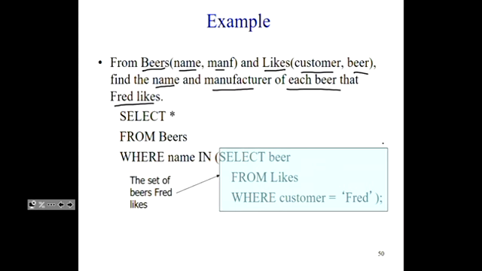Looking for a high-level explanation as opposed to the details. So I have two relations, one corresponding to name and manufacturer, and the other corresponding to customer and beer. A customer likes a particular beer, and I want to find the name and the manufacturer of each beer that a specific customer likes. How would I do that? This is similar to the previous query that we talked about. Let's talk about how we would do this without subqueries first.